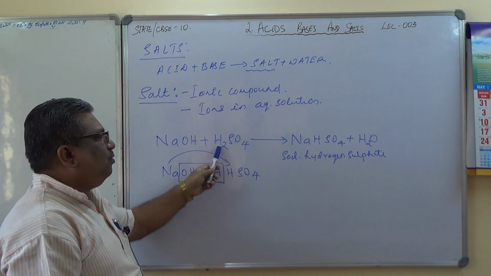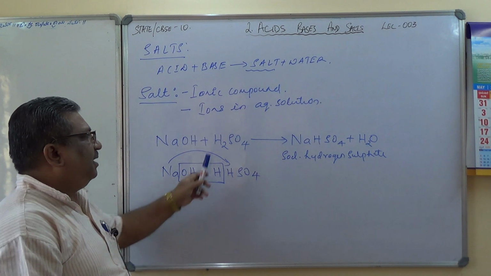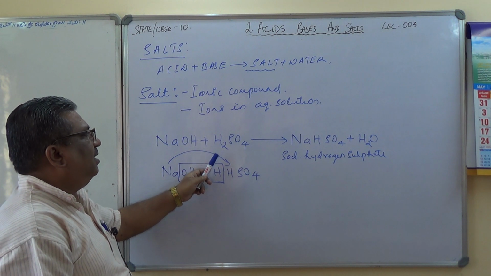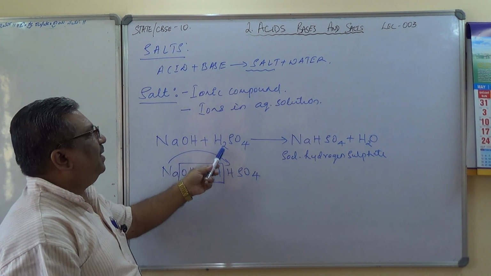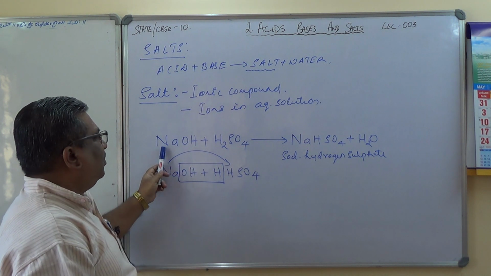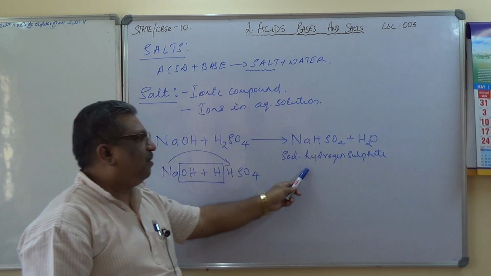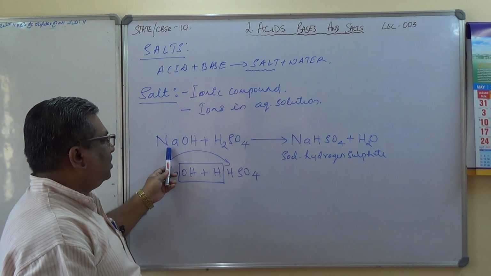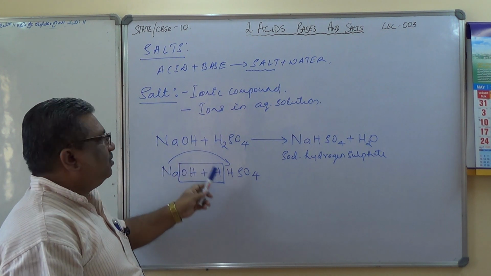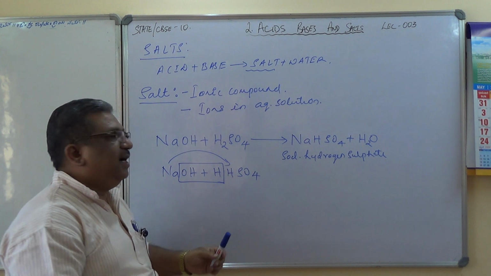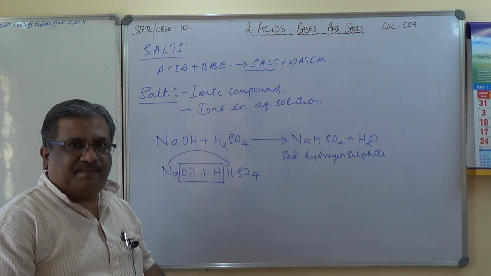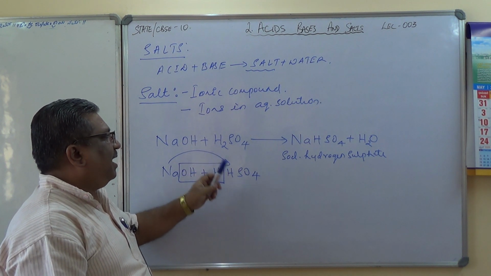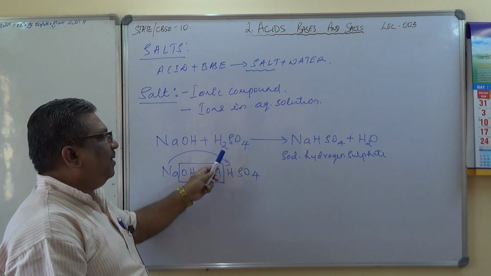That means the replaceable hydrogen atoms are two. Here sodium is replacing only partially the replaceable hydrogen atoms in the sulfuric acid. That means sodium has replaced only one hydrogen atom, and therefore sodium hydrogen sulfate is a product formed by partial replacement of hydrogen ion by this metal ion, which is sodium. So here the partial replacement of replaceable hydrogen atom takes place. Please listen. Partial replacement of hydrogen atom by metal atoms takes place here.